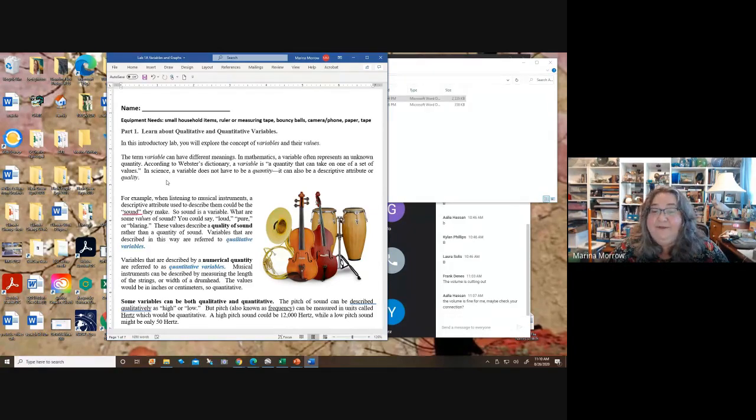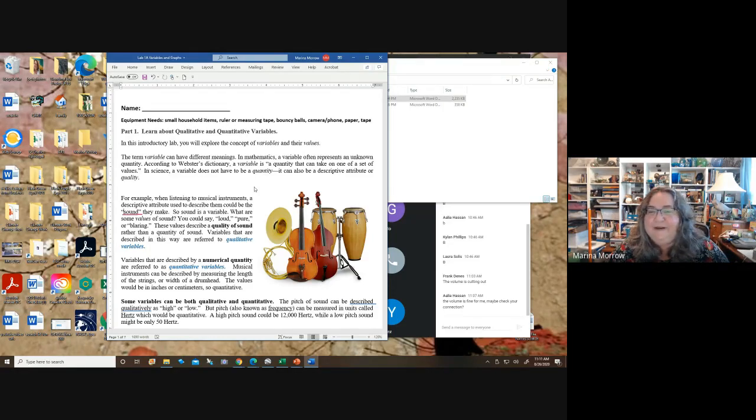So sound could be a variable, and you can describe it. Sure, we can find some mathematical way to describe it, but most of us aren't going to describe a sound casually by math. We're mostly going to go for big, small, and things like that. Or we might describe sounds as pure or blaring.